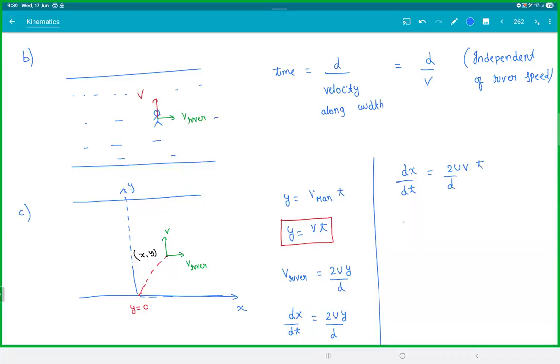Now I can integrate this. This will give x is equal to 2uv by d, t square by 2. Then I got my x coordinate also, uv by d t square. That's my x coordinate and that's my y coordinate. So if you take t from here and substitute, you will get x is equal to u by v d, y square. This is a parabola, which I'll write on the next page. So far clear, everyone? So you got the y coordinate, then from the river's velocity, we get the x coordinate.